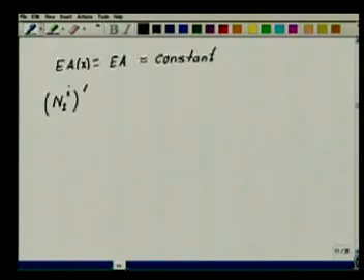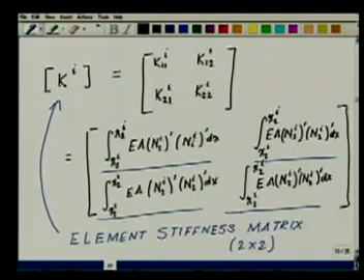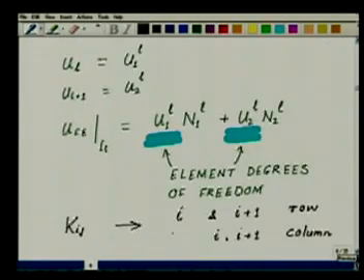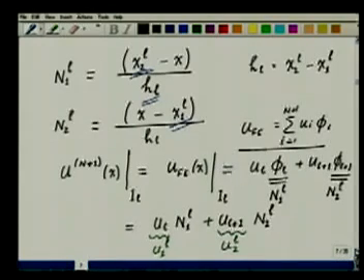So let us take for the element, the derivative of n1I. What will this be equal to from the definition of n1I? Let us go back to the previous pages and see the definition of this function n1. So you see that if I take the derivative of this expression n1, then it becomes minus 1 by h_l. The derivative of n2 becomes plus 1 by h_l.